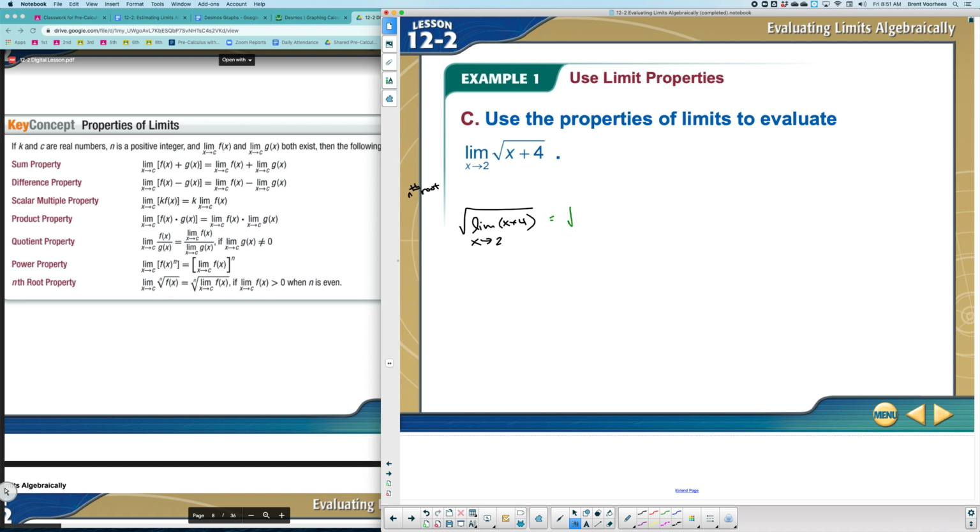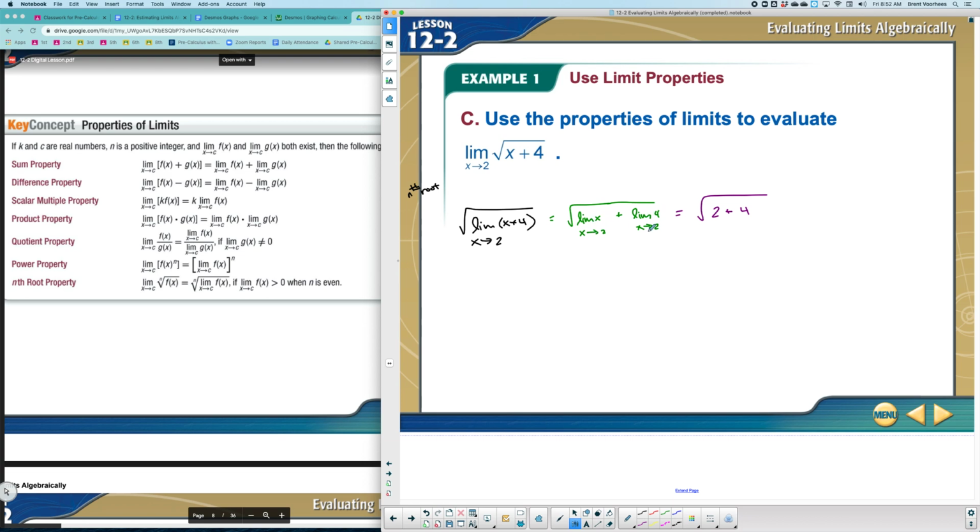We have a sum property in there. So I could say the limit of x as x approaches 2 plus the limit as x approaches 2 of 4. Without just continuing to write the property names each time, I'll come back and do that in a second. This would be equal to, that right there will be 2, and this right here is 4.